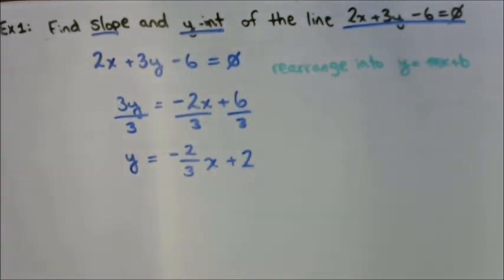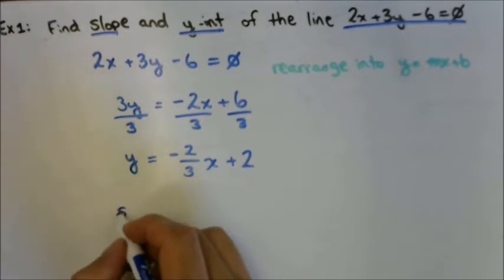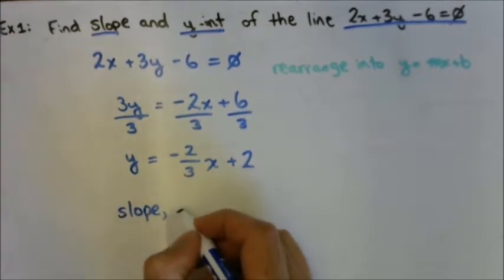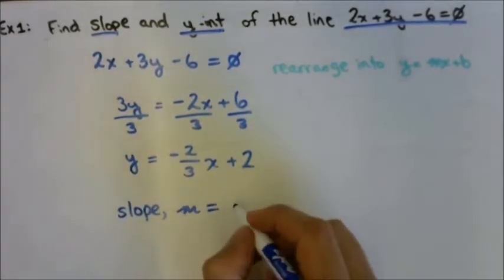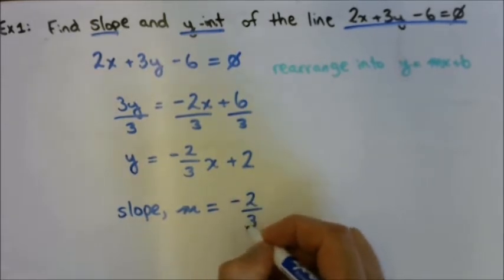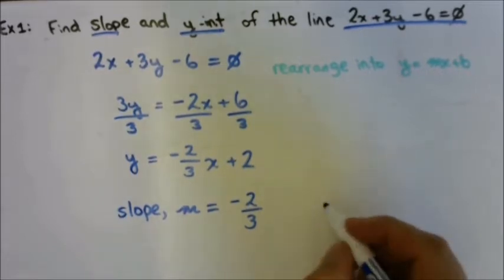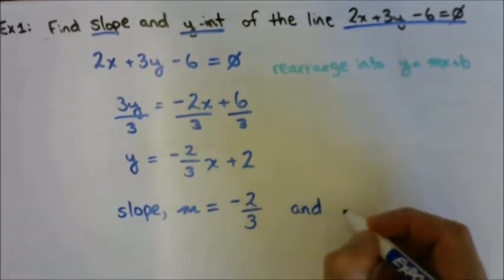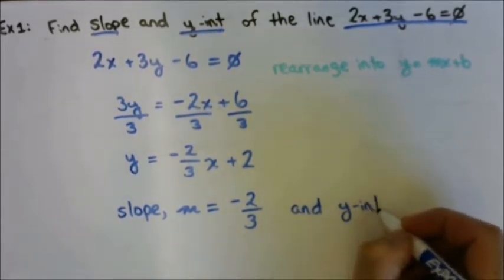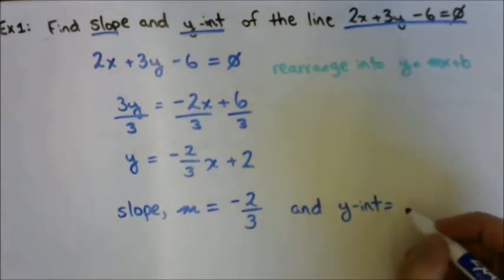So the equation of the line in slope y-intercept form is y equals negative 2/3 x plus 2, where the slope, represented by m, equals negative 2/3, rise over run, so this is a negative slope, and the y-intercept is 2.